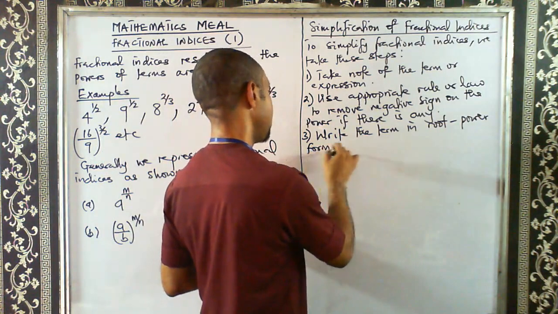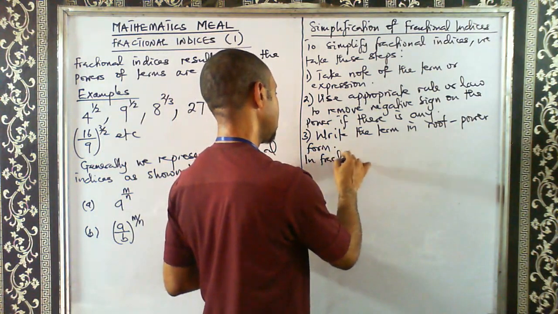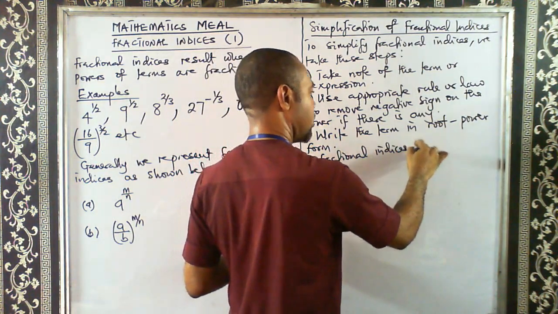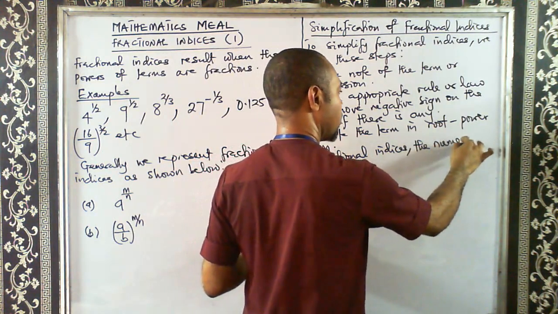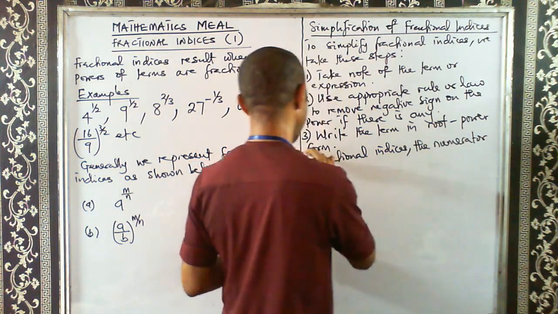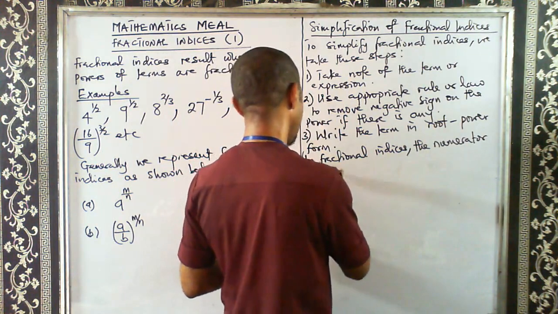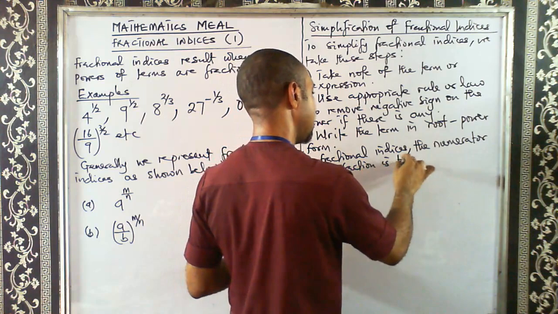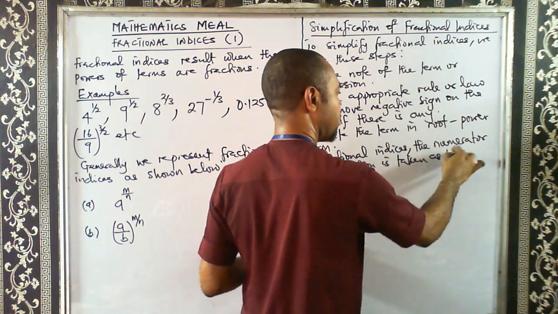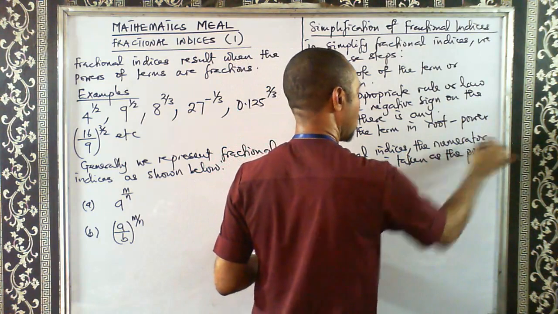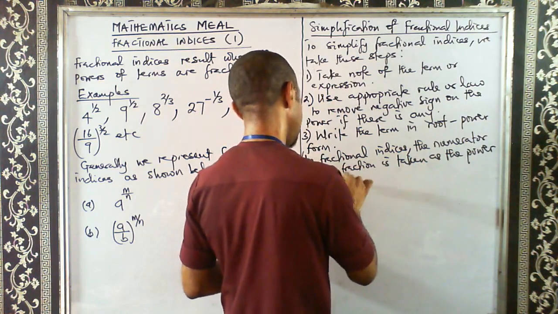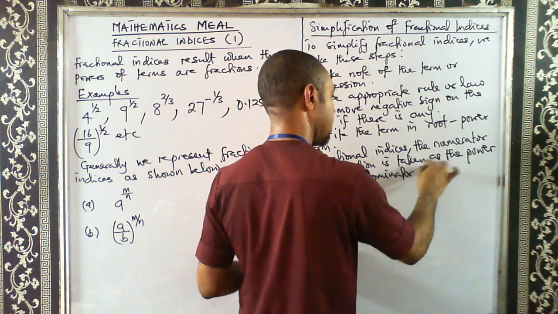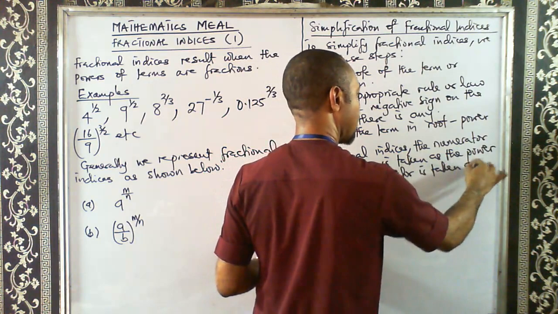So, in fractional indices, the numerator of the fraction is taken as the power, while the denominator is taken as the root.